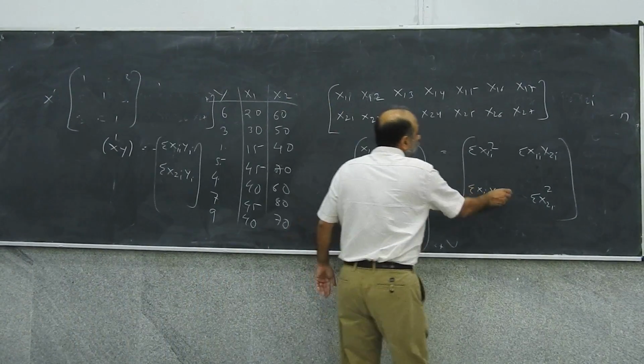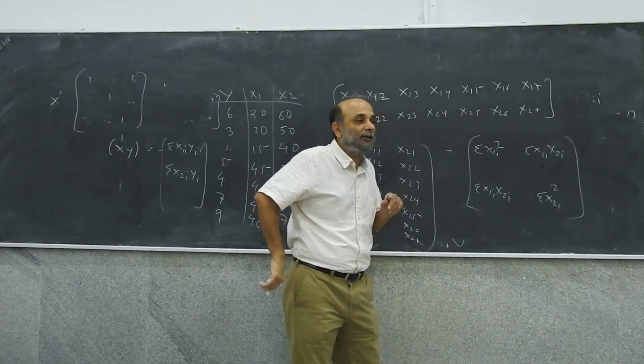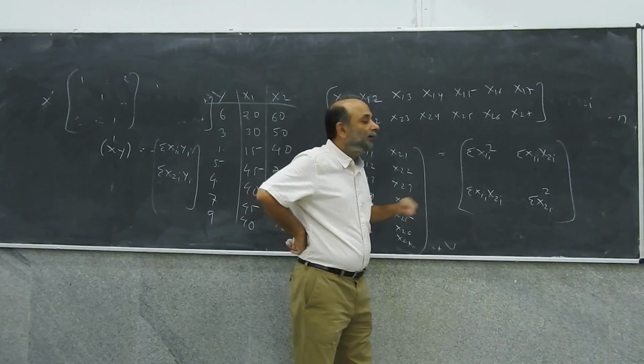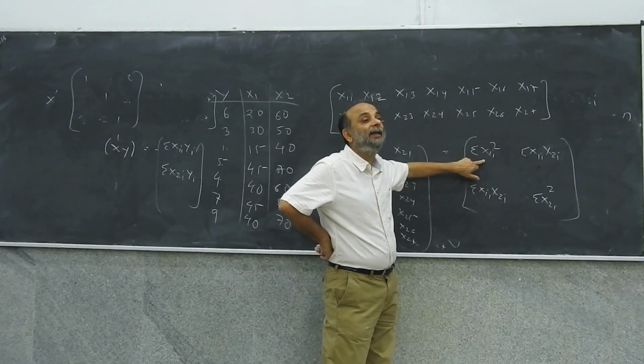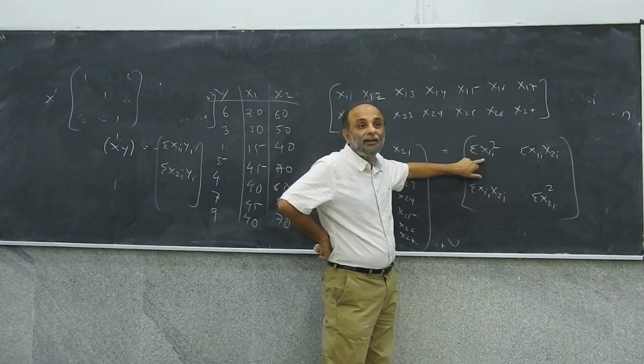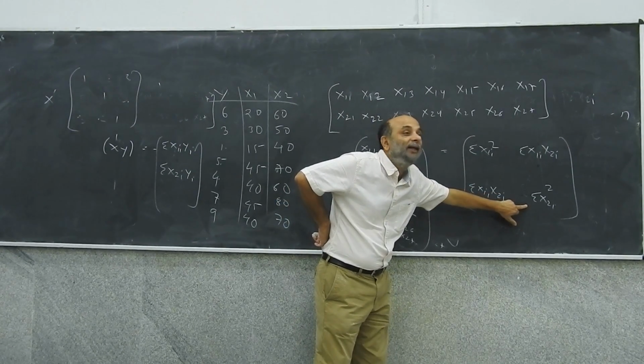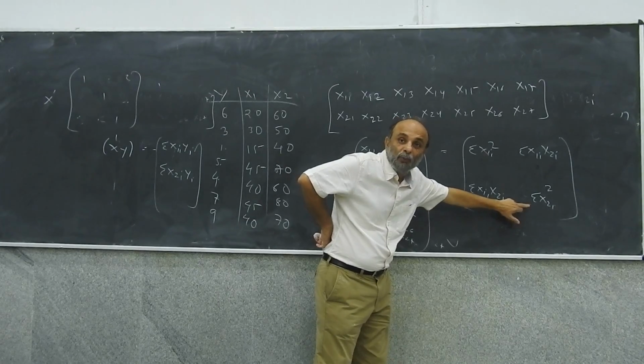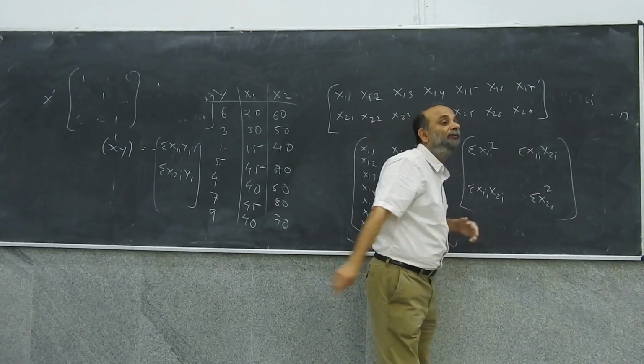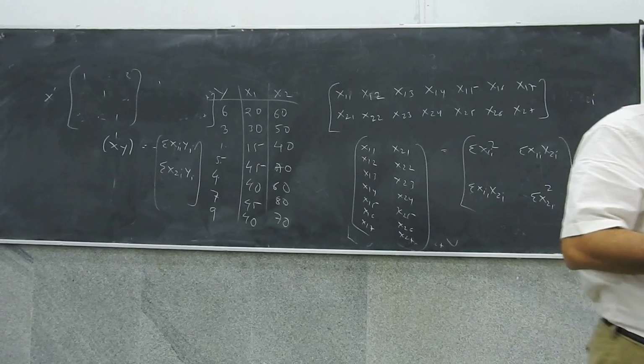Now, can you recognize these elements? What is this? Think of again subtracting the mean from everything. Then this is nothing but the denominator of the variance of x1. This is nothing but the denominator of the variance of x2. And these are the denominators of the covariance between x1 and x2.